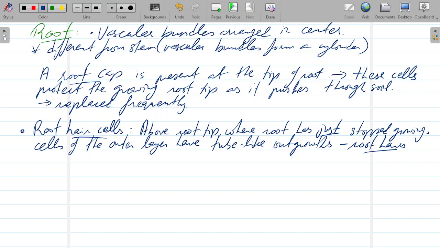The cells that have those elongations are called root hair cells, and they look like this: you have a cell, you've got a vacuole and a nucleus and other stuff.